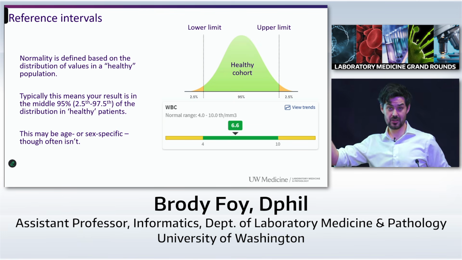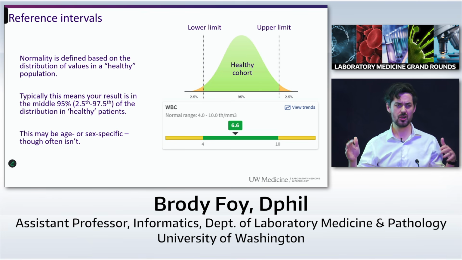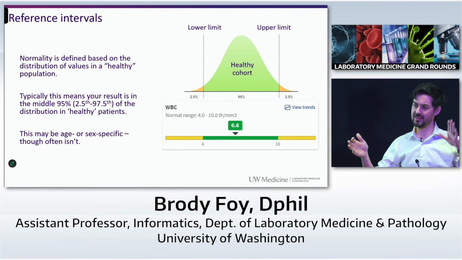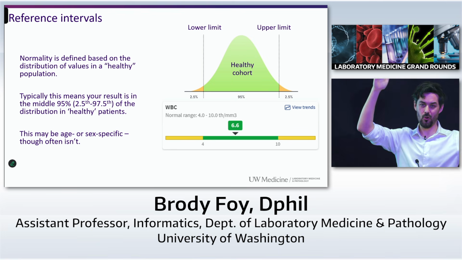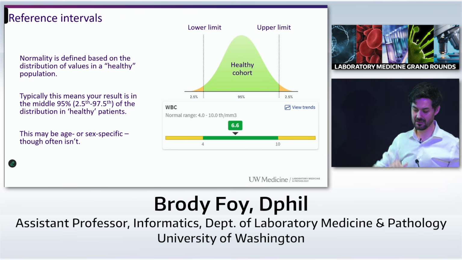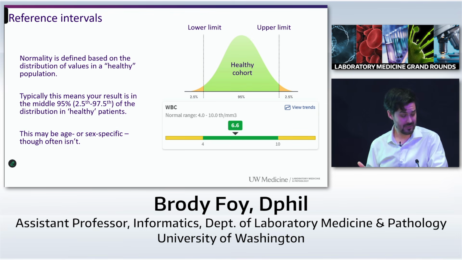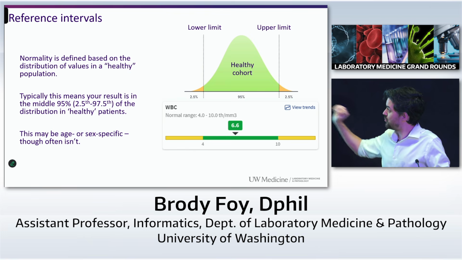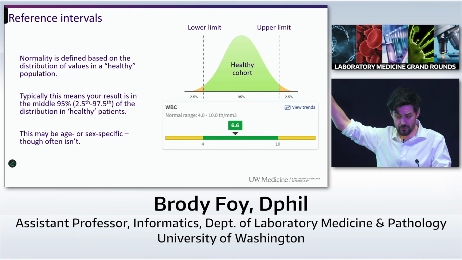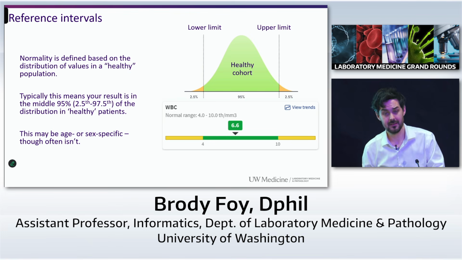So we go out into the general population, get a bunch of samples, look at the middle 95%, or sometimes this will be one-sided if the test is from, say, 0 or lower limit of detection through to some high value. It might be age or sex specific, though often isn't. And so normal is just, well, here's a healthy population and here's where you fall against it.